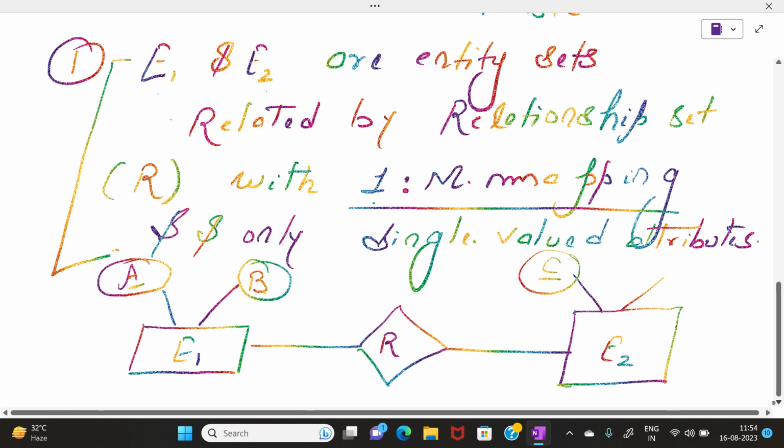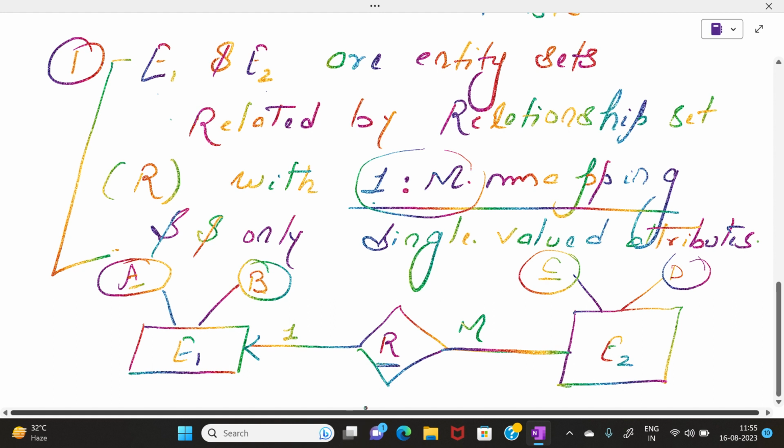C is the candidate key and D is another attribute of E2. And one more thing, this is 1 to M mapping. Here 1 is denoted by this and M is denoted by this, right? So this is our ER diagram.